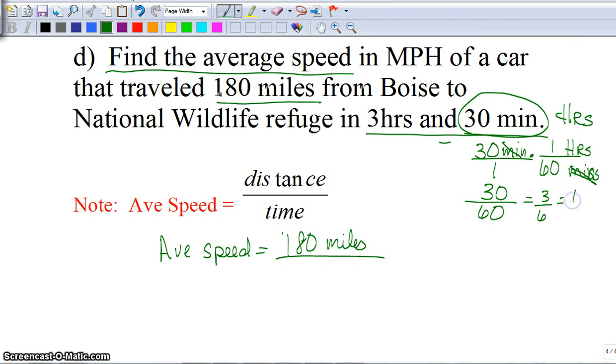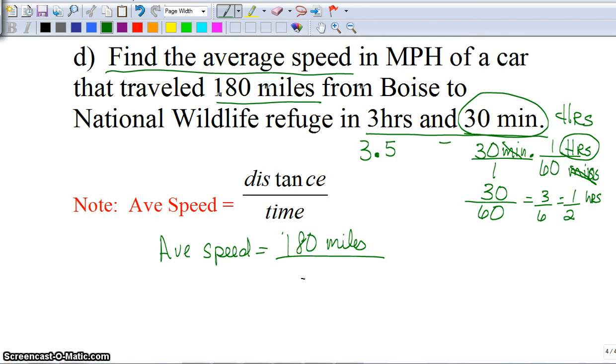Oh, it's going to simplify down to 1/2. The only unit I have left is hours, so I know it's going to be 3 1/2 hours, or 3.5 hours. Now, I know that was one that you could probably just look at and see, but I just wanted you to see how you can use unit analysis to help get you where you're going.